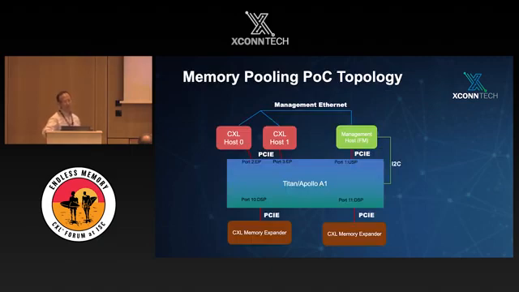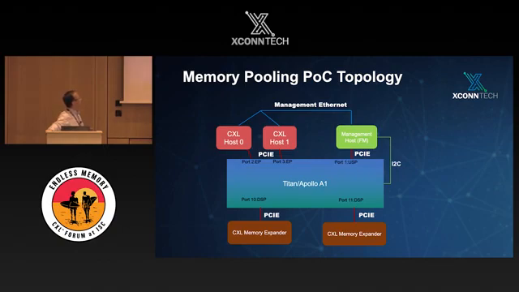So this is the architecture diagram that we're using in our own development. In the center is our switch, and at the top, the red colored, that's the CXL host, like those hosts offered by Intel and AMD.